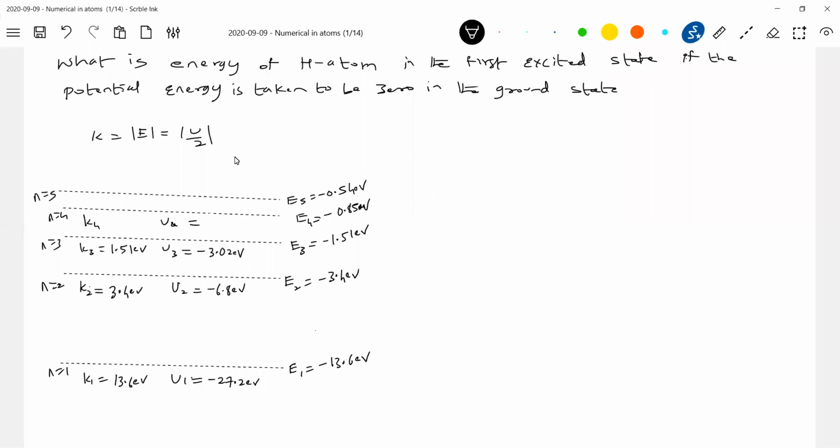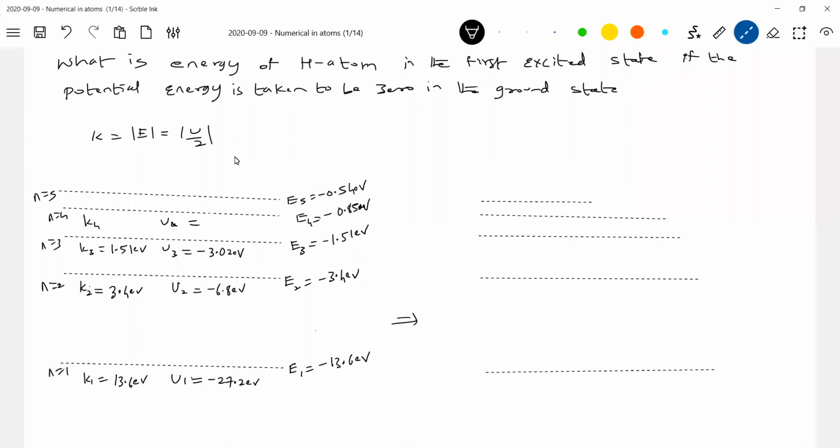Now what we are doing, we are going to modify this, and the new atomic structure is the new modified one. Modified means the potential energy should be 0.